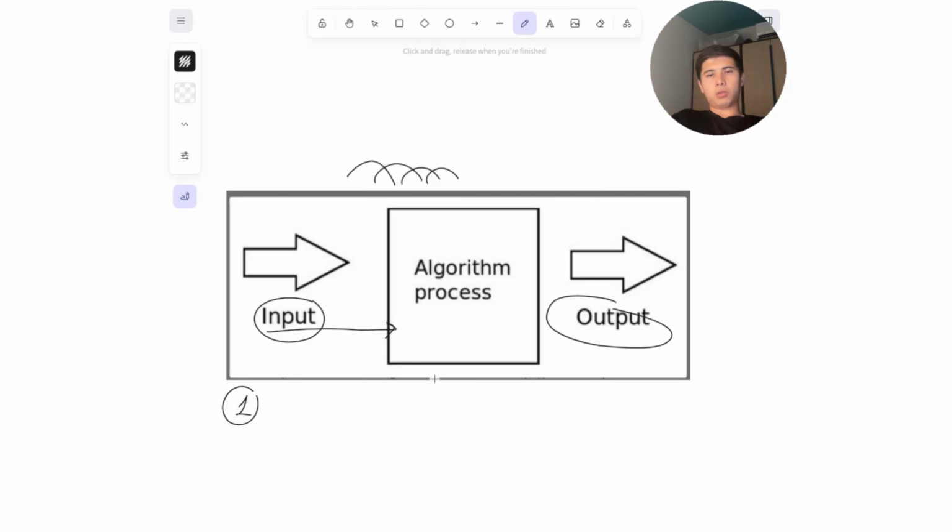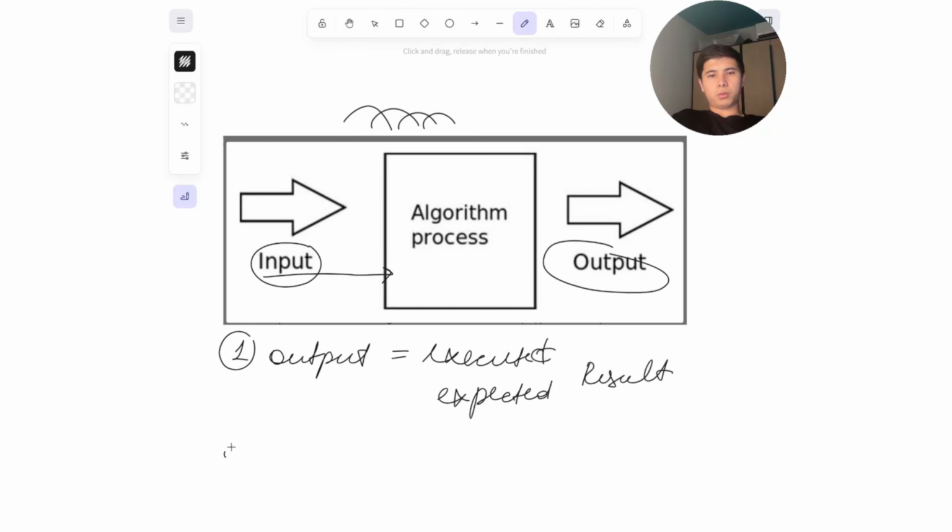Firstly, after the input is given and the algorithm is executed, the output has to match the expected result. This is the first rule. And the second one is, after completing all of the steps, the algorithm needs to stop.